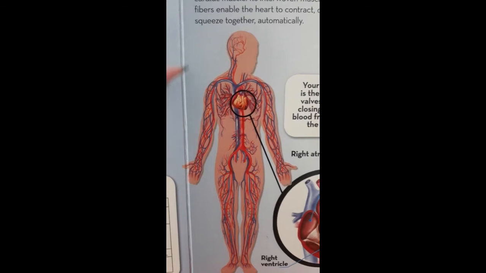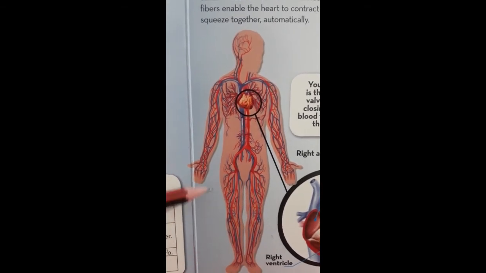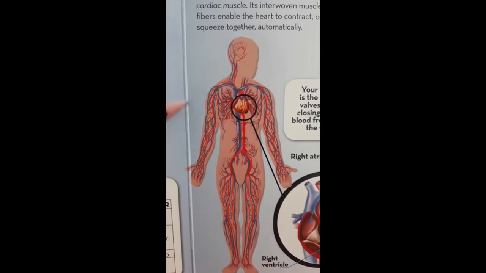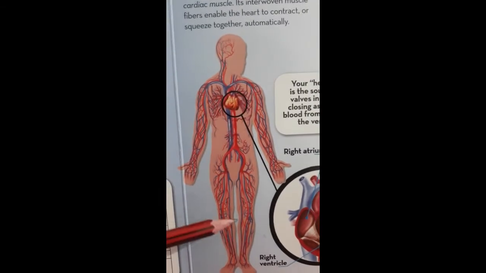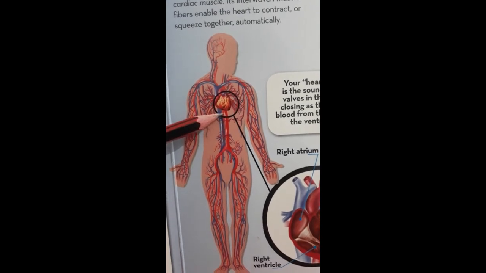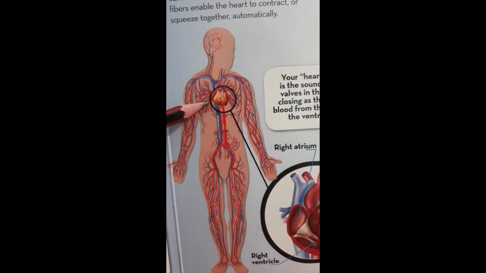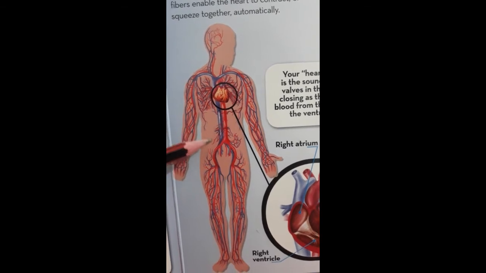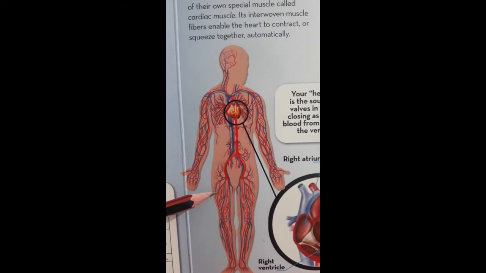Now in this picture you can see how the blood vessels are spread throughout the body. It supplies the blood throughout the body. The main blood vessel in red color is the artery, and the blue color is the vein, and they divide into many branches.